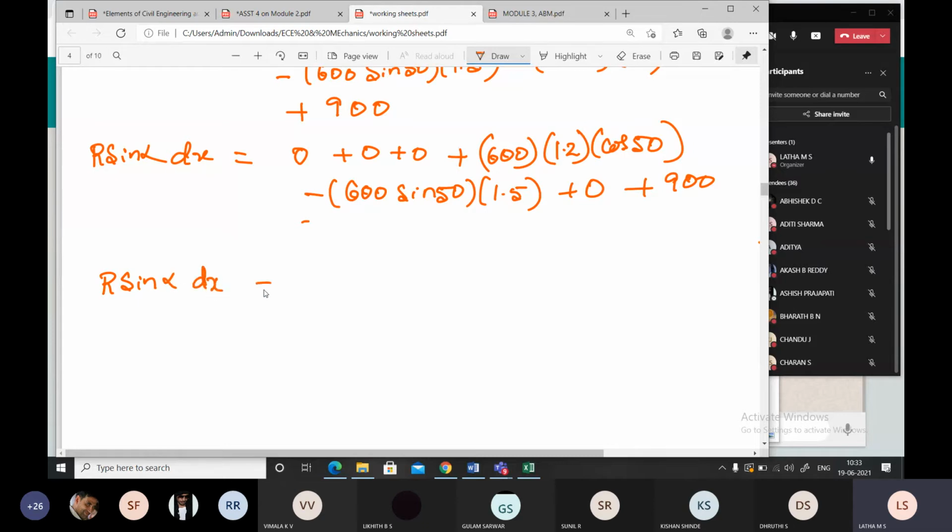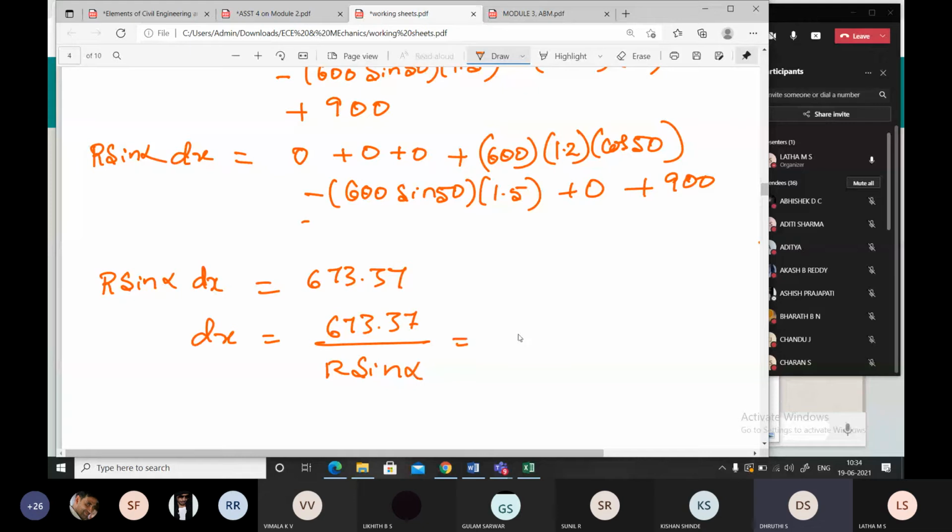What is the RHS value, students? When you sum up, what is the RHS value? 673.37. And what is r sin alpha? 673.37 divided by r sin alpha. 1515.77.